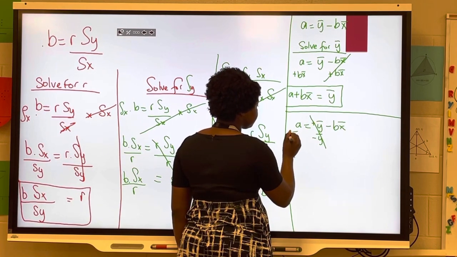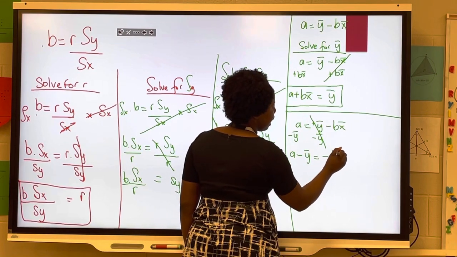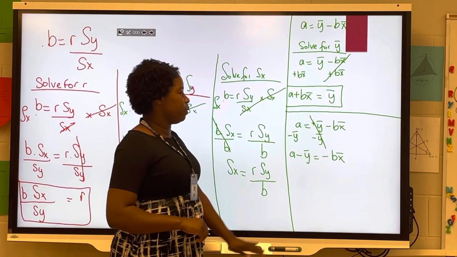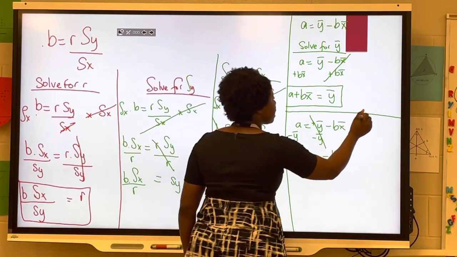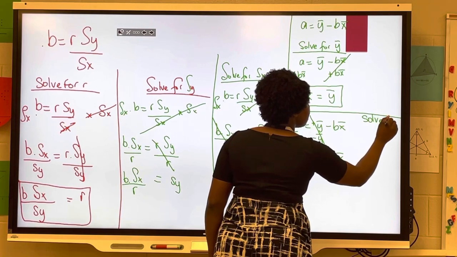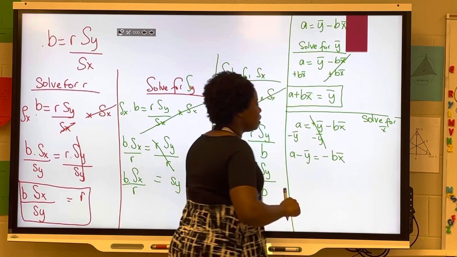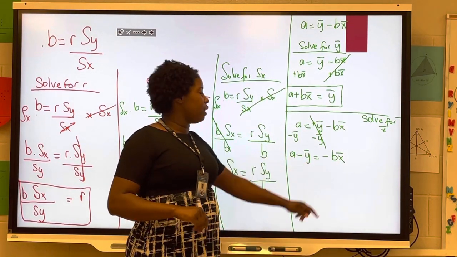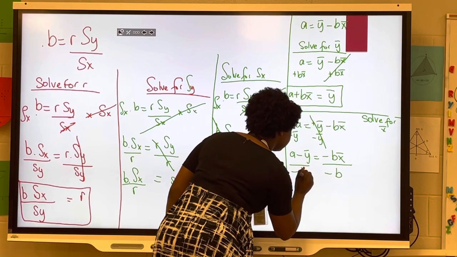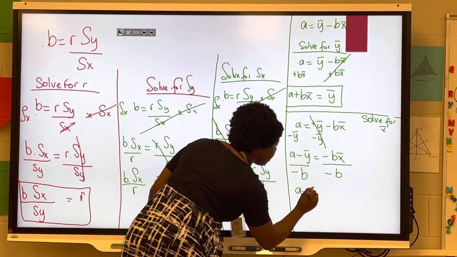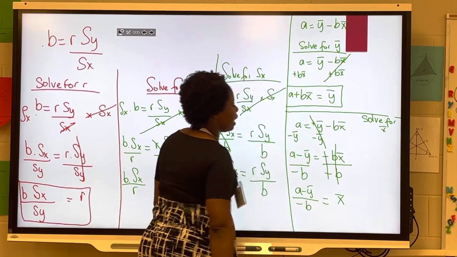So a minus y bar is equal to negative b x bar. Remember, we're trying to solve for x bar. Since they are multiplying right here, we need to divide by the negative b on both sides. So a minus y bar divided by negative b is equal to x bar, because those two would cancel.